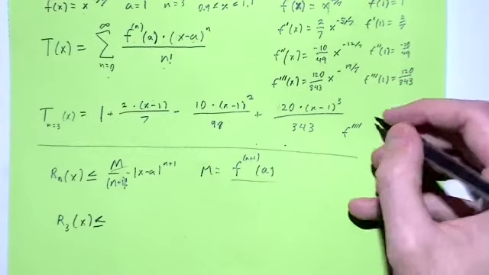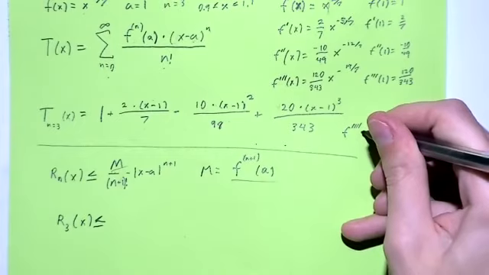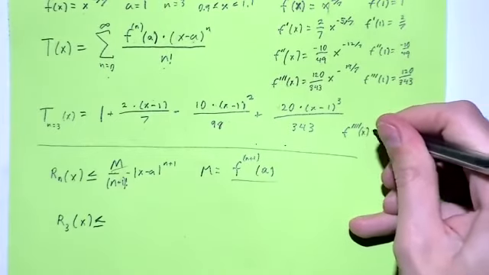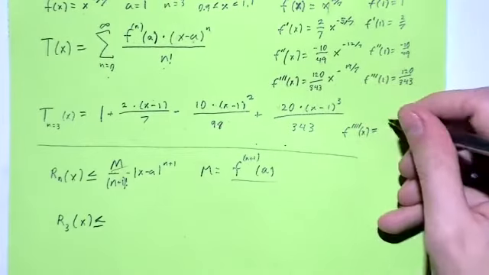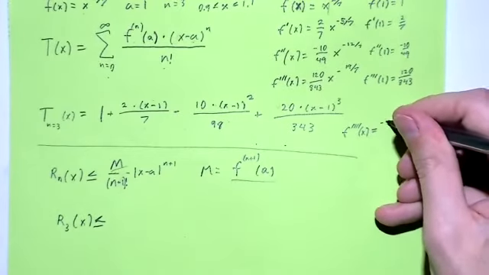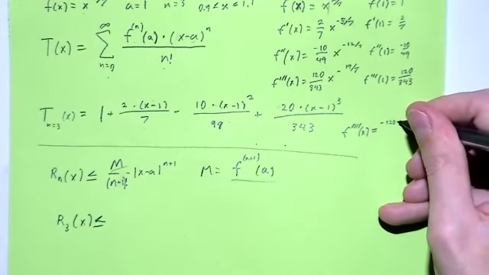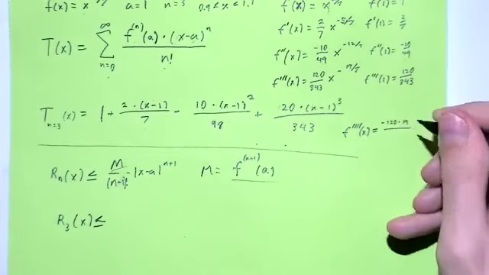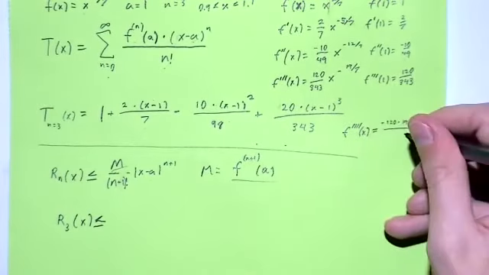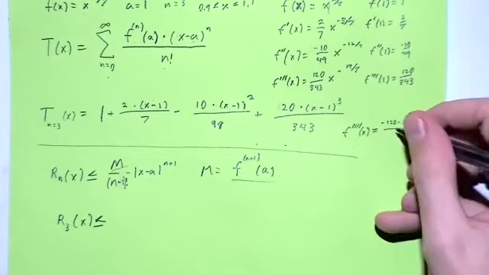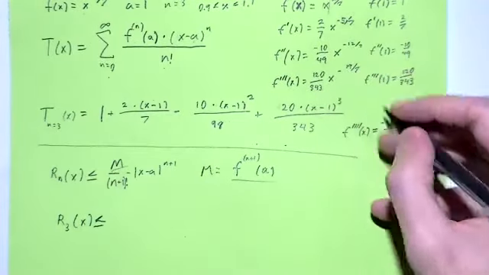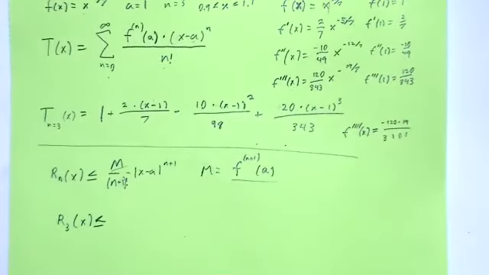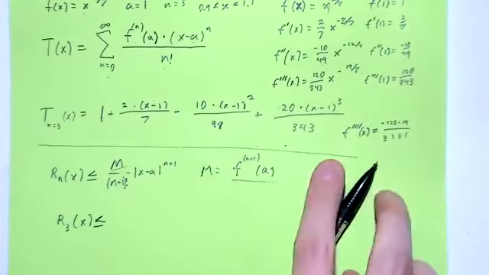So I'm going to cheat and just write it all out. So f of X is going to be equal to negative 120 times 19 over 7 to the 4th.